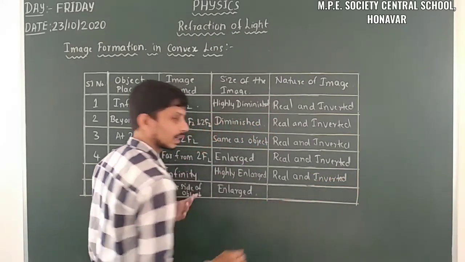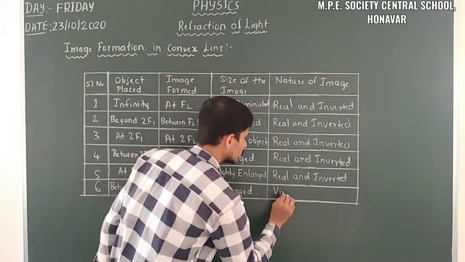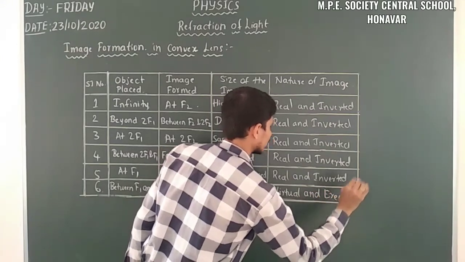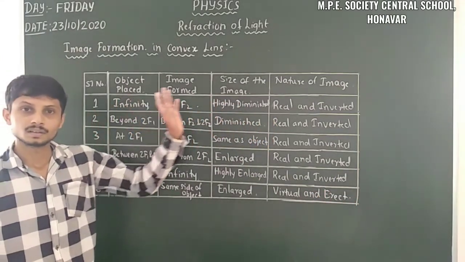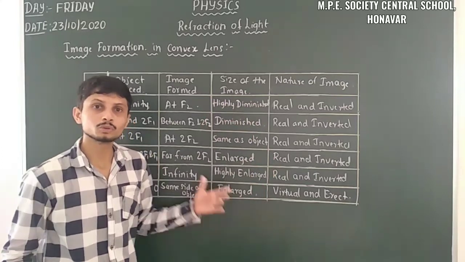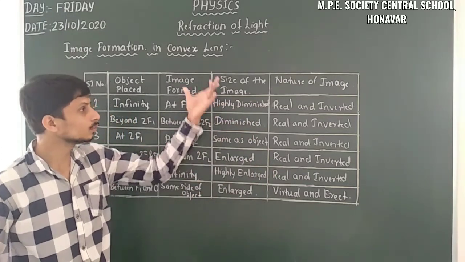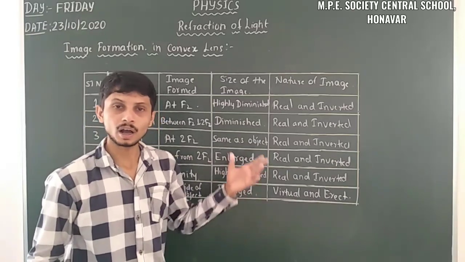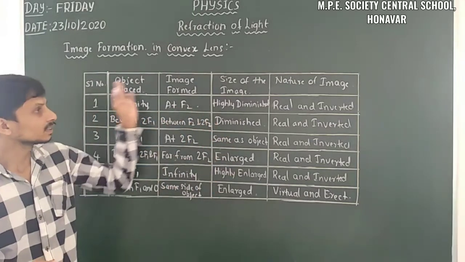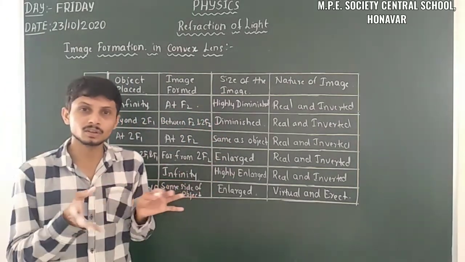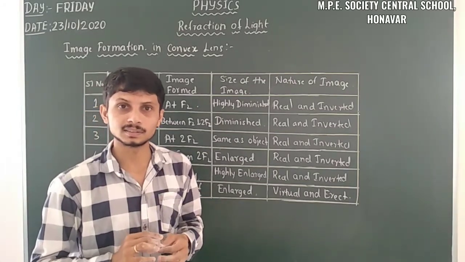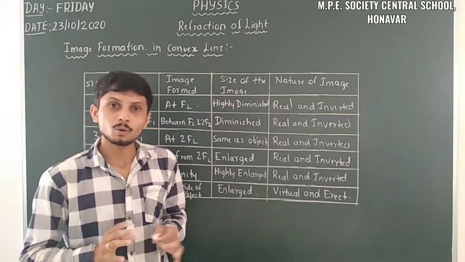And finally, in the last case, the image is virtual and erect. So this is the image formation in convex lenses in only one view. We inserted all the cases in one tabular column. I also told you the techniques for writing this tabular column without seeing the image formations in convex lenses. I hope you know that.